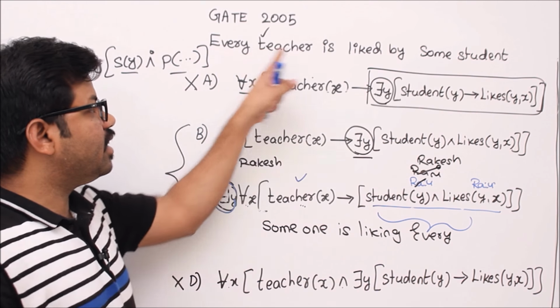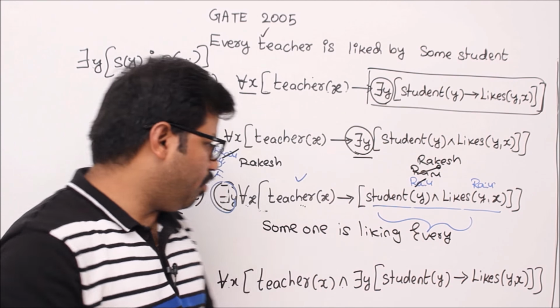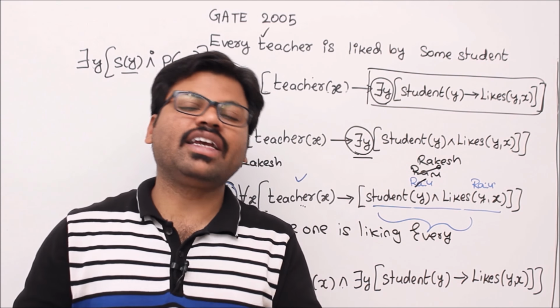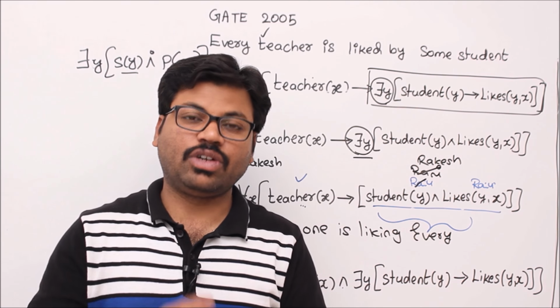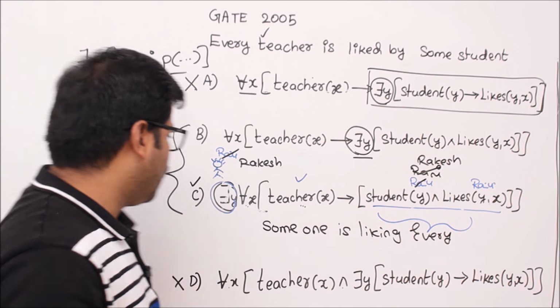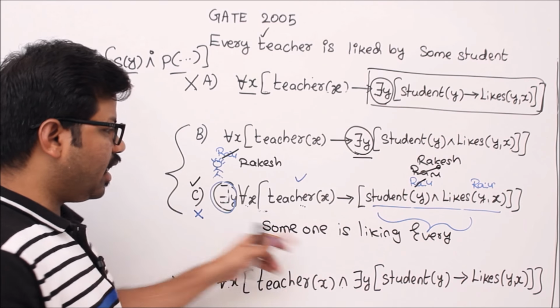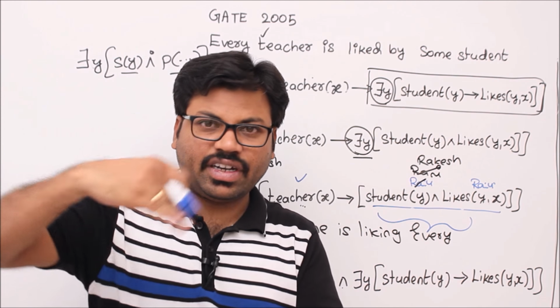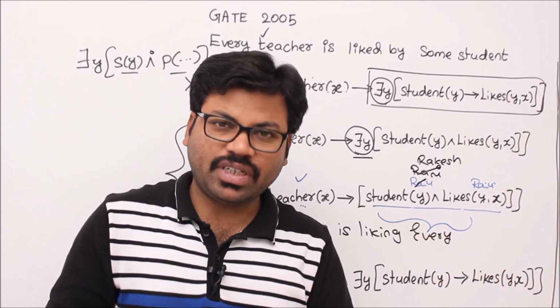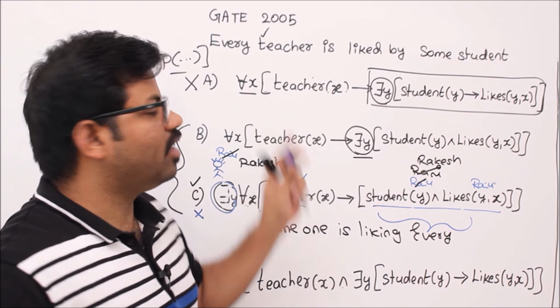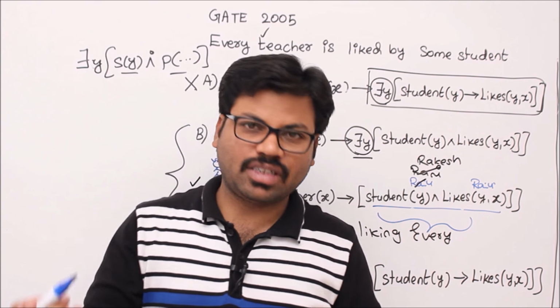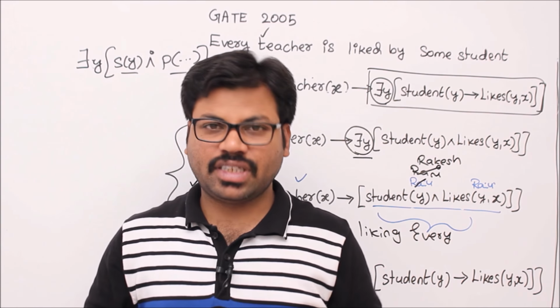Every teacher is liked by some student is different from some student is liking every teacher. There is a difference. Try to understand. That's why option C is wrong here. It says some student is liking every teacher, but that's not compulsory for me. In my statement, every teacher should be liked by some student. That some student may not be the same.